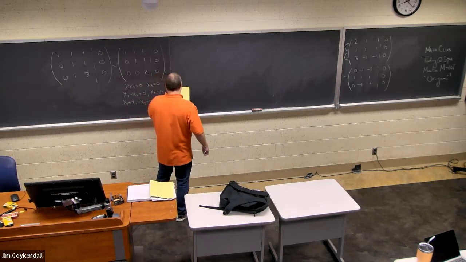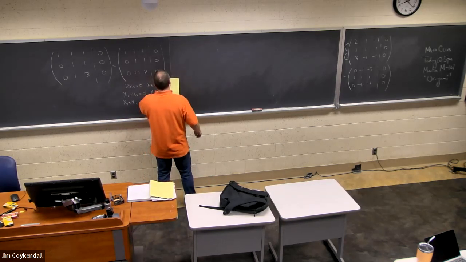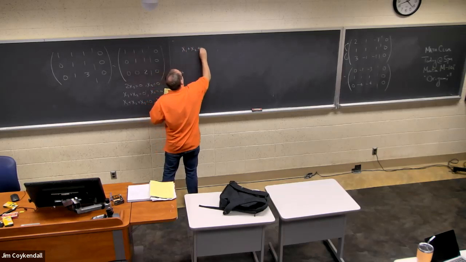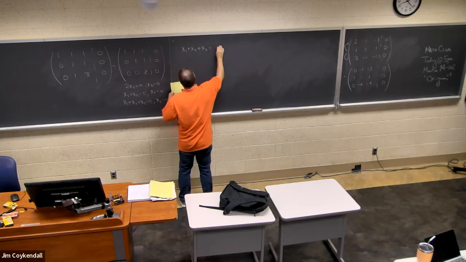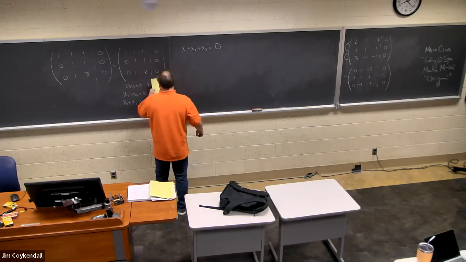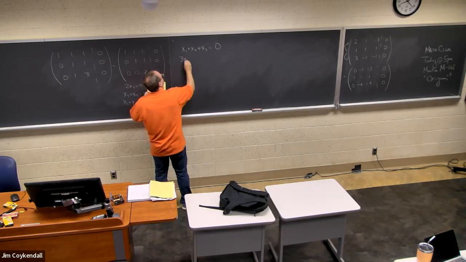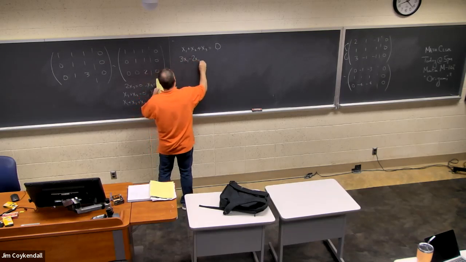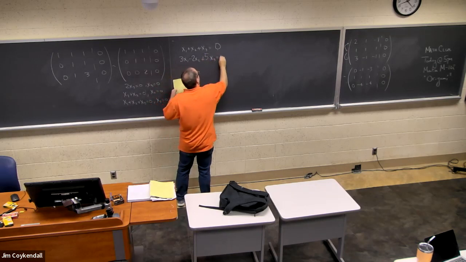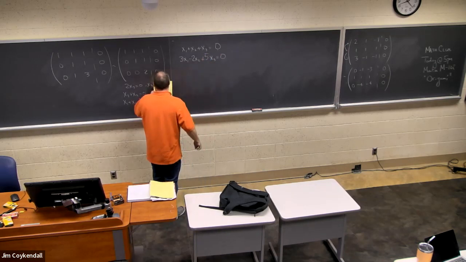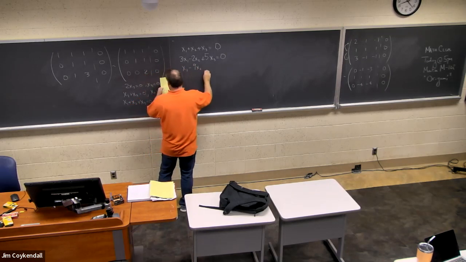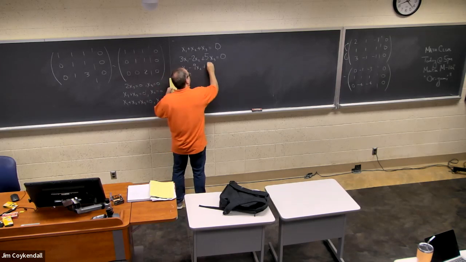Let's first look at this. 3x1 minus 2x2 plus 5x3 is 0, and x1 minus 9x2 plus 5x3.